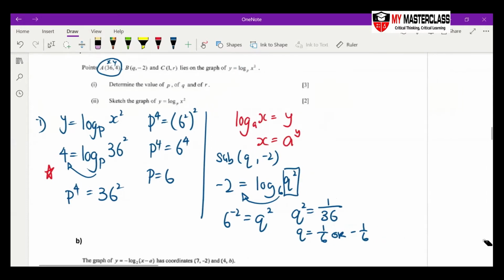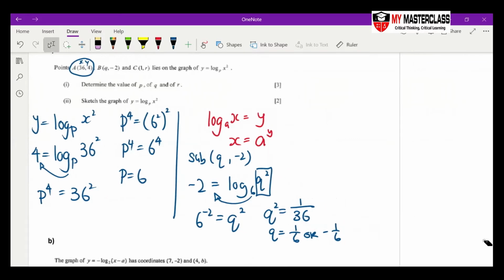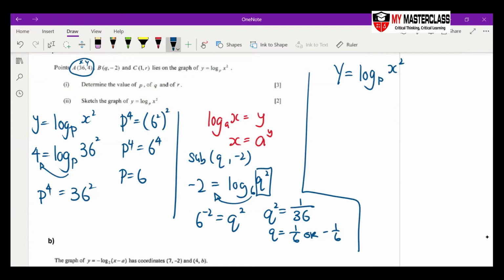I'm more concerned with the sketching one. If the question asks you to sketch y equals log base p of x squared, the 2 comes down: y equals 2 log base p of x. Remember the 2 doesn't affect the asymptote.